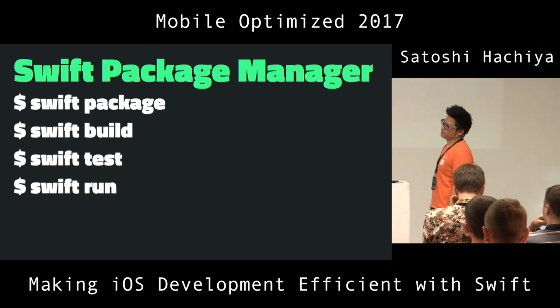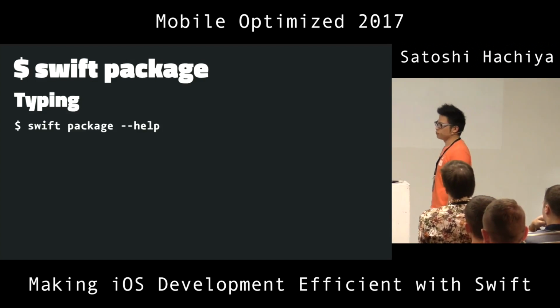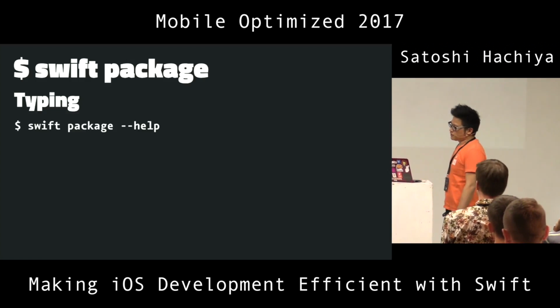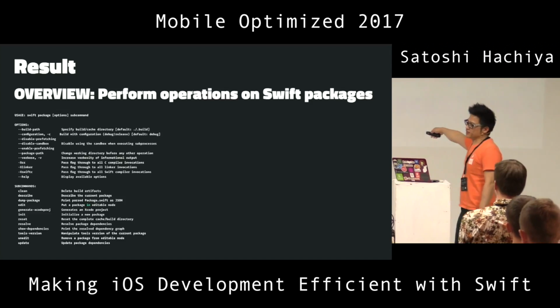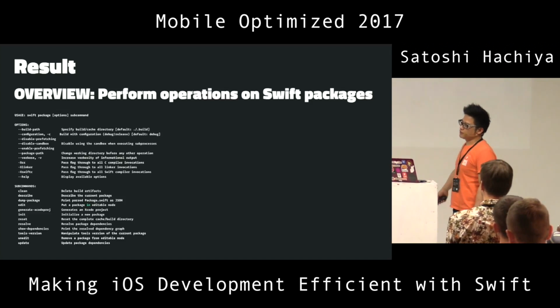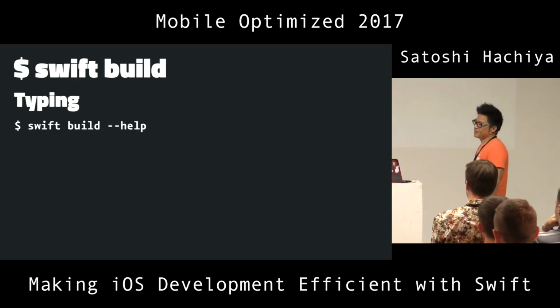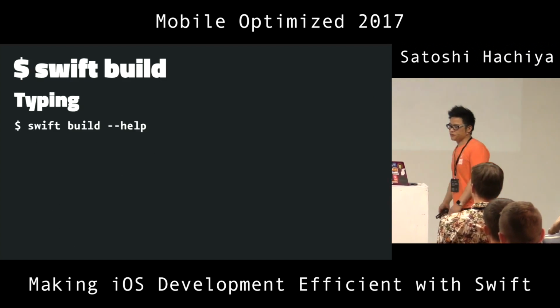The Swift package manager has 4 top-level commands in Swift 4, but the swift run command is implemented in Swift 4. So if you use Swift 3.1, the swift run command is not available.